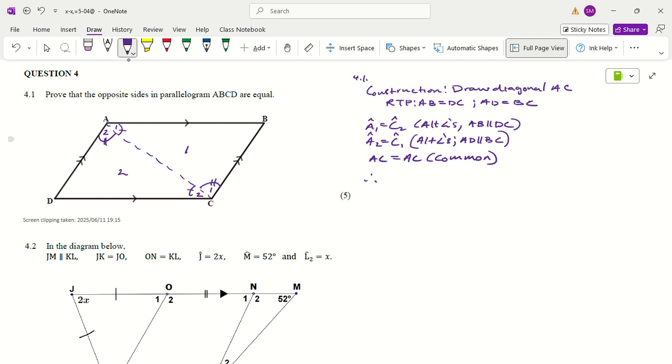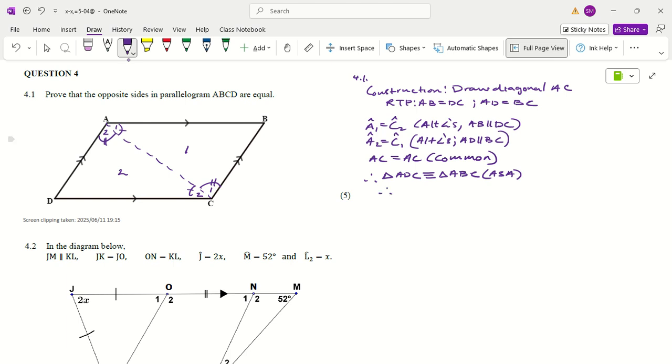Therefore, what we can say now, the triangle ADC is now congruent to the triangle ABC, and the reason for the congruency is that it's angle side angle. So we have an angle, we have a side in between two angles, so those two are congruent triangles.